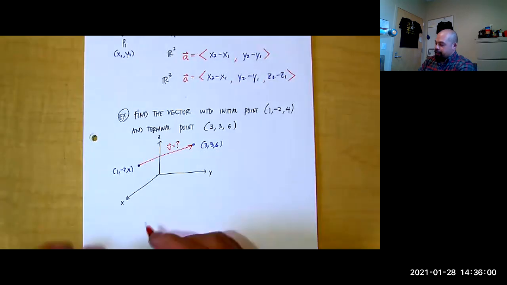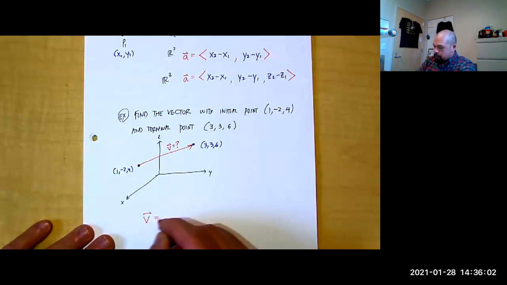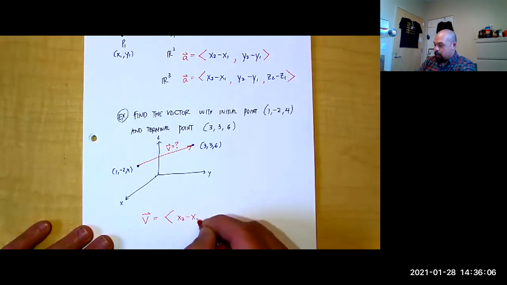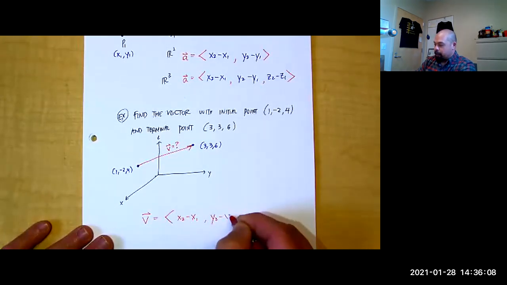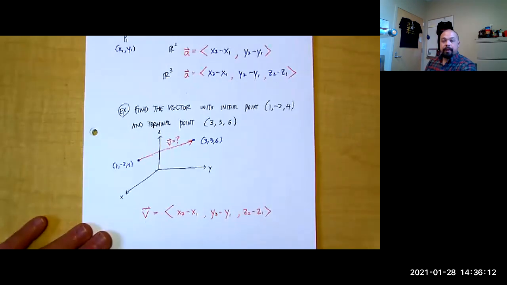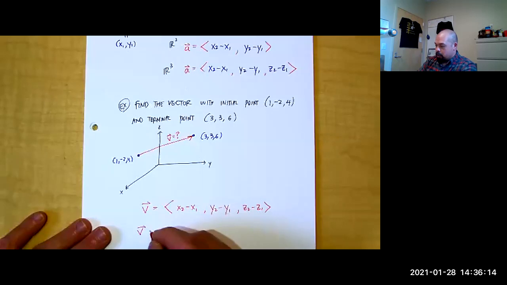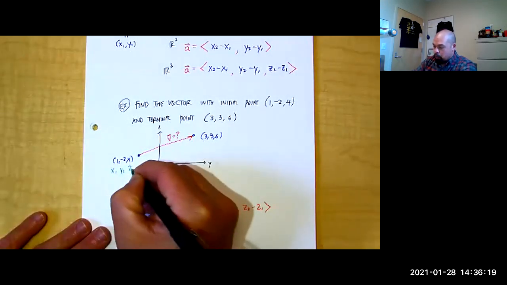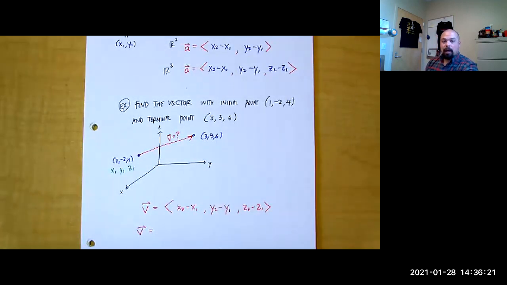Okay, and so for that vector v, what we had addressed before, right, that x2 minus x1, y2 minus y1, z2 minus z1. And so doing those calculations, if we label, here's my initial point, my starting point, x1, y1, z1.